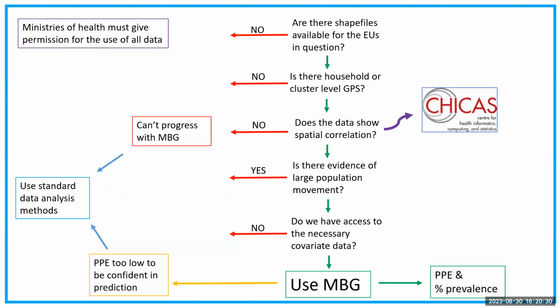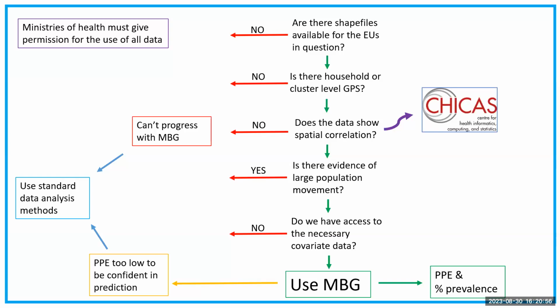So this is a decision tree that provides a simple overview of what we need in order to run an MBG model. One of the first things is whether we have up-to-date shapefiles for the EUs in question, and this is something that I'll explain further in the next slide. The data also needs to show spatial correlation, the analysis of which will be supported by the Centre for Health, Informatics, Computing and Statistics at Lancaster University.